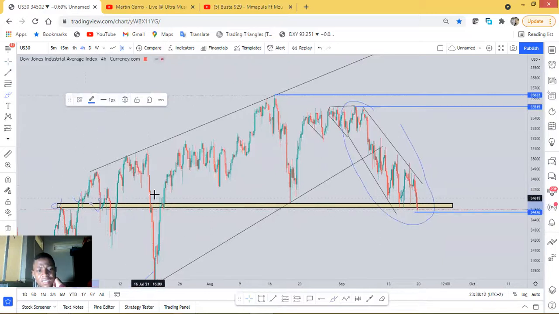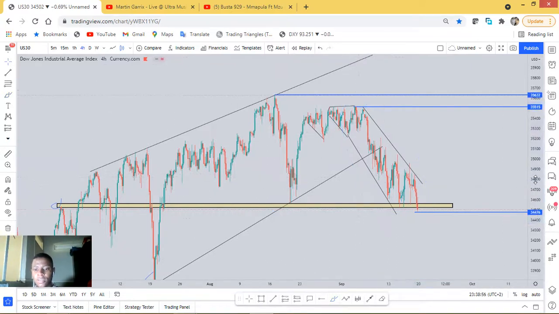You can see here all these reversal rejection candles. So I'm anticipating the market to respect this area and reverse, and then let this double bottom play out, break out, and then go back up here. But to be honest, with US30 I like to be patient, I'd rather be late on US30.